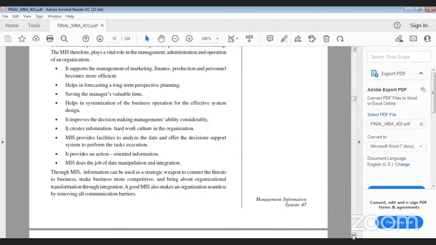MIS provides perspective analytics on the data and offers a decision support system to perform the task specifications. It provides action-oriented information.